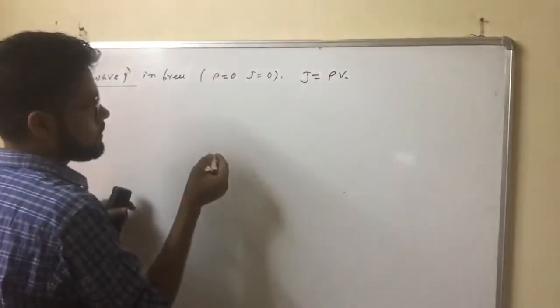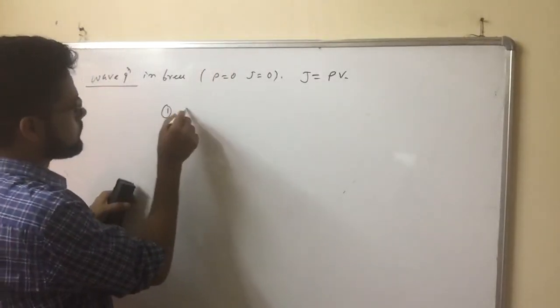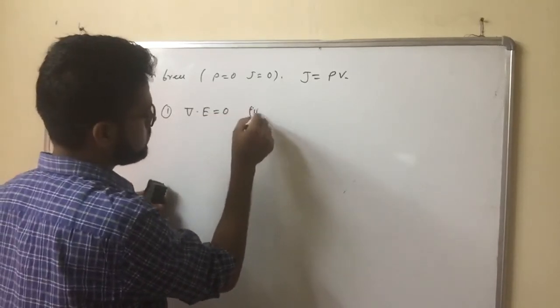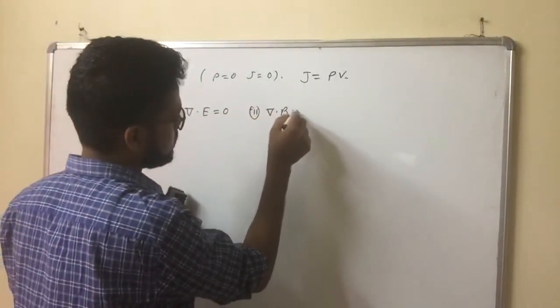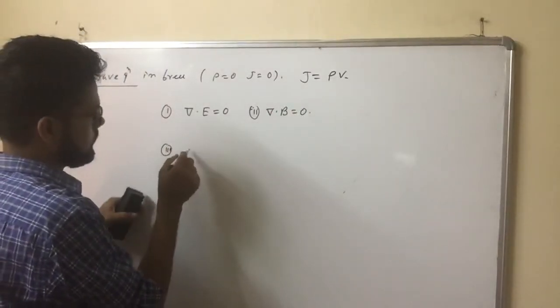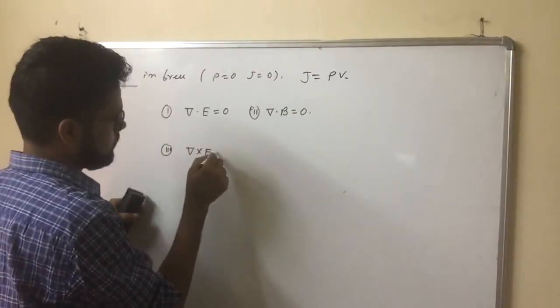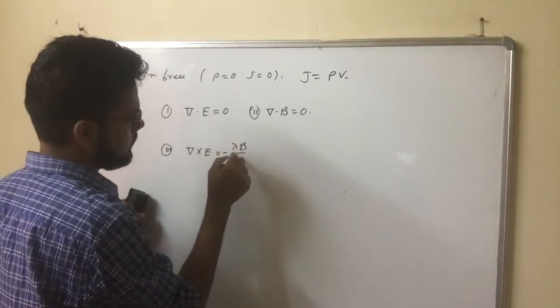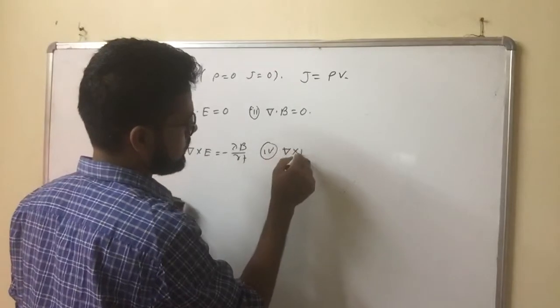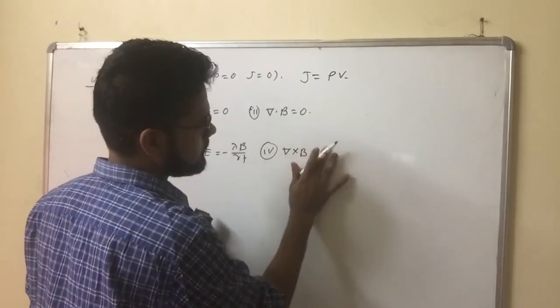So the Maxwell equations I can modify: divergence of E is 0, divergence of B is 0, del cross E equals minus dB/dt, and del cross B equals μ ε ∂E/∂t, since J is not there.